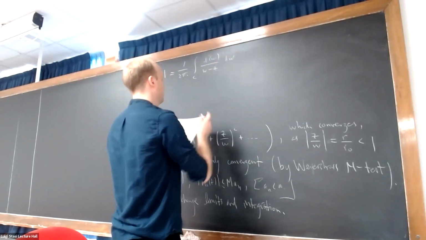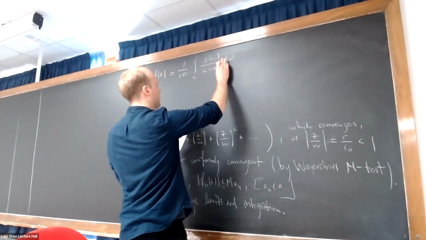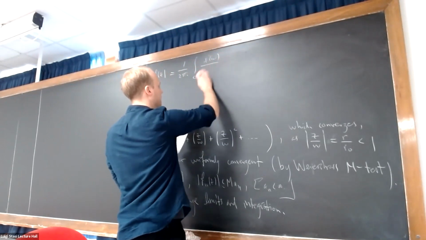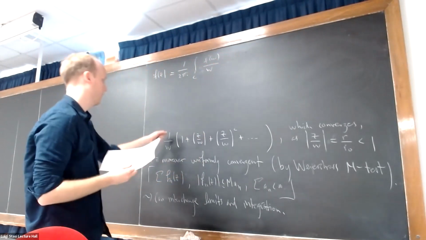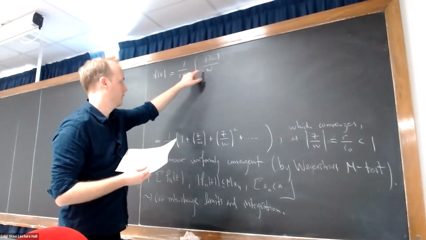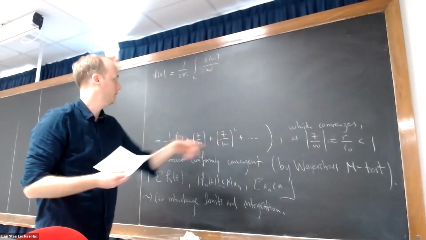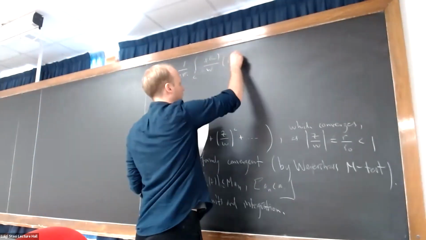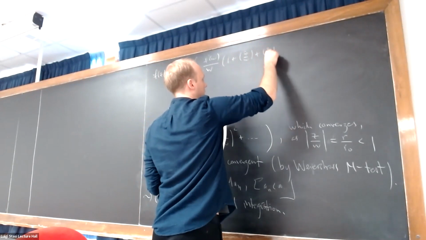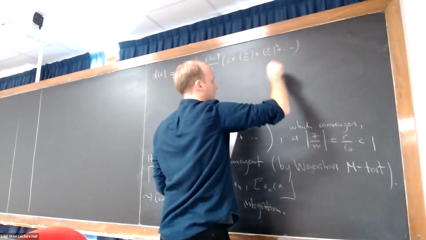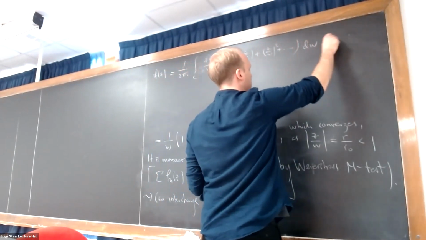Equal to this, but this one I could write in the following way, right? Because I had this 1 over w minus z, it was equal to all of this. So 1 plus z over w, and dw.